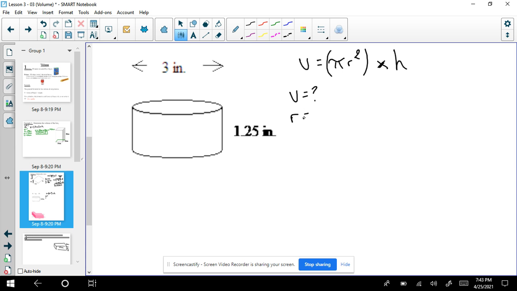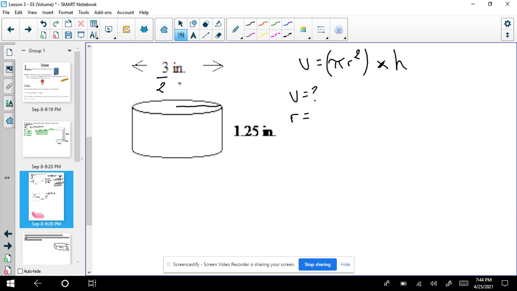My radius, right? So radius is from the center point to the outside of the circle. And right now we know what the diameter is. And the diameter means that it's all the way across, right? So if we have 3 inches all the way across, what we have to do is divide it by 2.